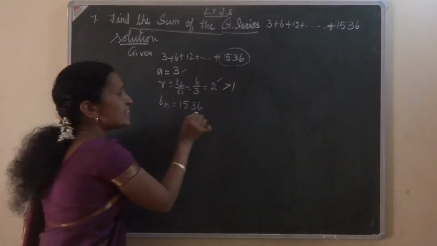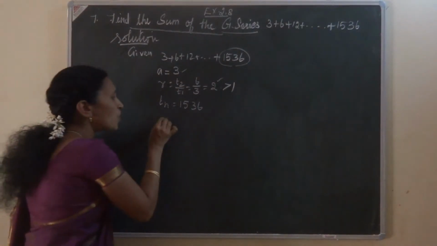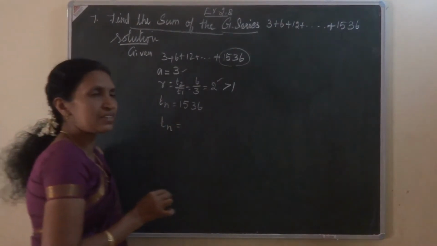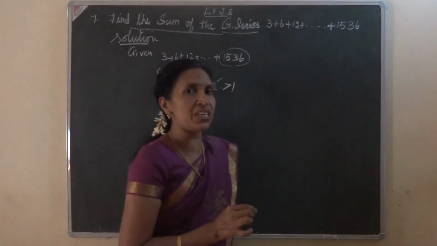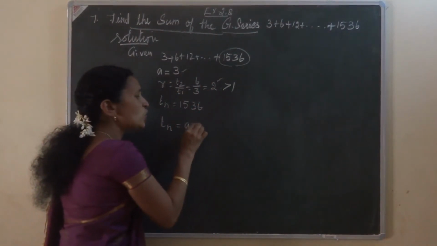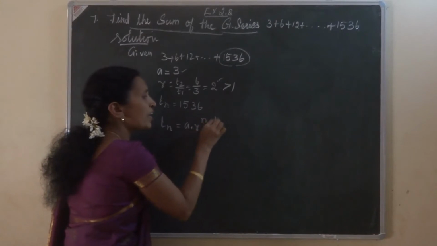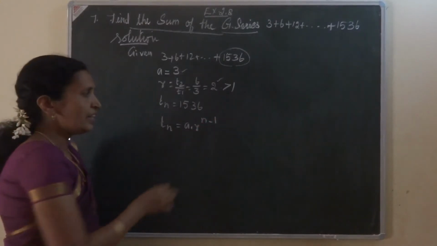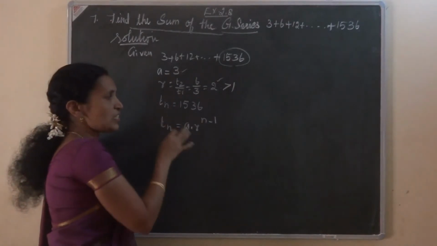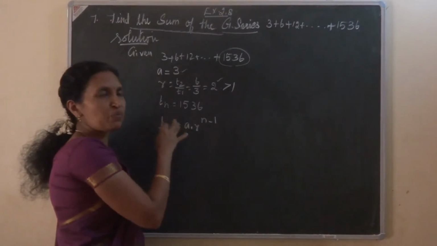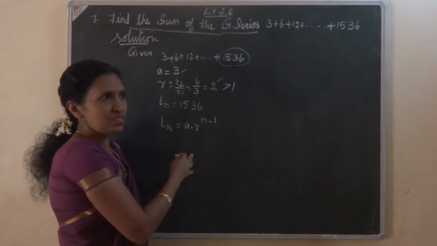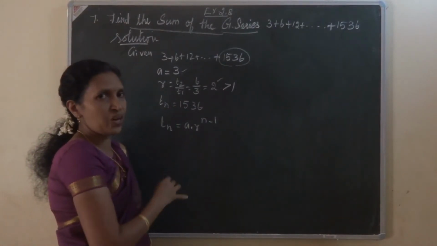If they give the Tn value, what's the formula for Tn of a geometric series? The nth term of a geometric series is Tn equal to A into R power n minus 1. In this formula we can apply all these values and find n. Then you apply the Sn formula.